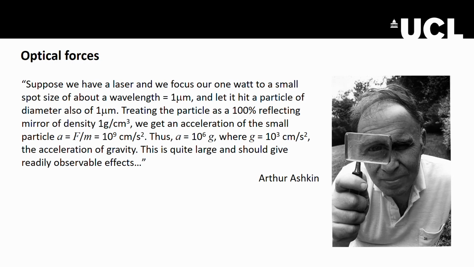And then we ascribe a density for convenience, let's say 1 gram per cubic centimeter. It's about the density of water. It's not unreasonable. You can estimate an acceleration that reflecting particle should receive. And that acceleration turns out to be 1,000,000 times the acceleration experienced by a body in free fall due to the Earth's gravity.